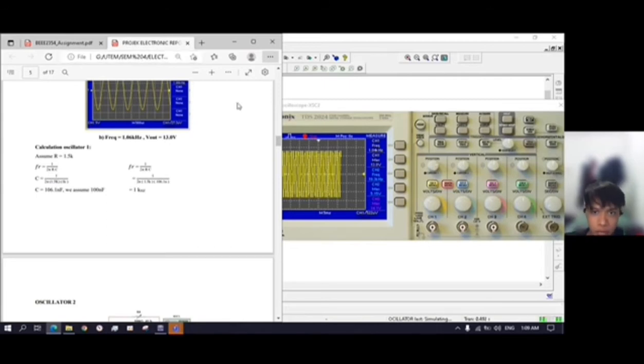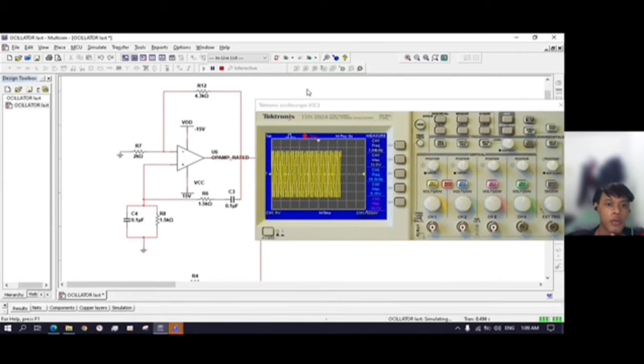After we get the value of the capacitor and resistor, we construct the circuit. This is the circuit that we construct. We put the VCC positive 15 for the positive op-amp and negative 15 for the negative op-amp for the DC input.